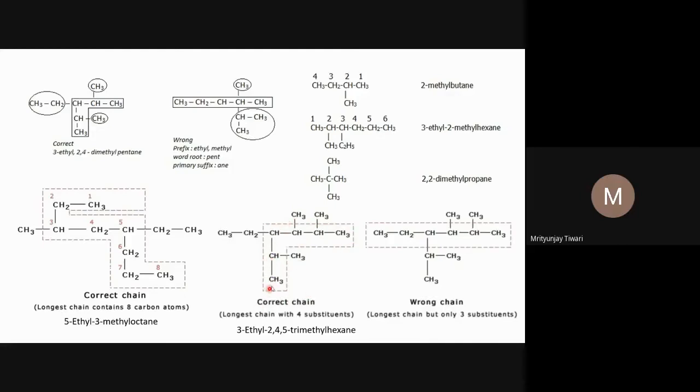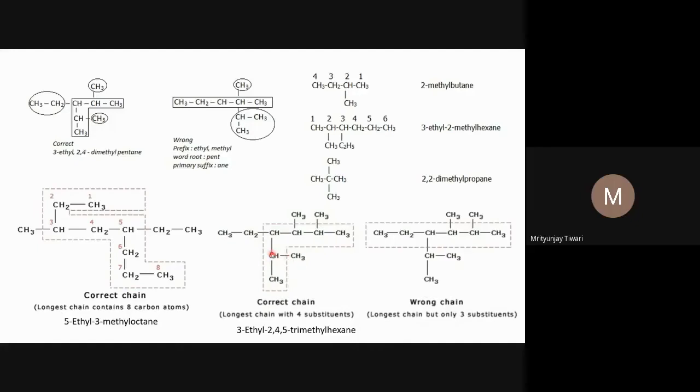Now in that parent chain, when it comes to the numbering, one can do 1, 2, 3, 4. Numbering, if you start from here, 1, 2, 3, 4. But the numbering of all the substituents is the same, 2, 3, 4, 5, and here also 2, 3, 4, 5. But the ethyl group is different. The ethyl group will have to get the least number because the alphabetical order will decide.